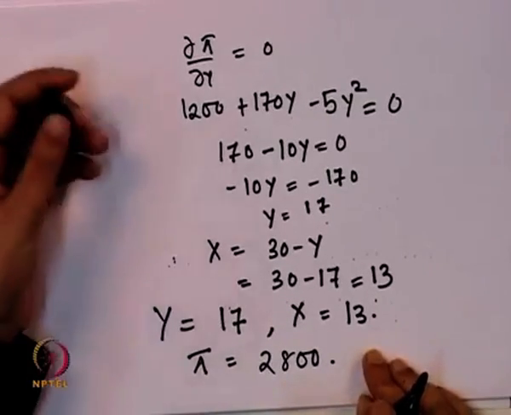So here is how we maximize the profit with respect to a constraint on the values of x and y. The first step is always to represent one variable in terms of the other variable. In this case, we represented x in terms of y, and after that, we put the value in the objective function. If you remember in the previous slide, we represented the profit function only in terms of variable y.